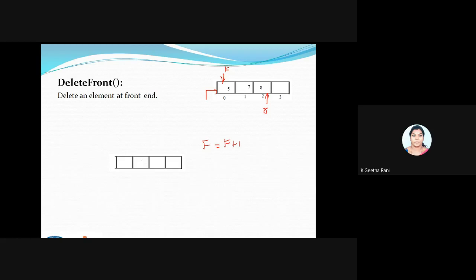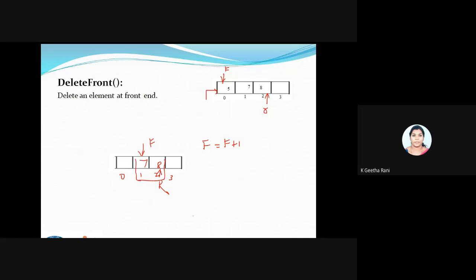Already I'm having 7, 8. So now the pointer will point straight to 7, and here will be the rear pointer. So 0, 1, 2 and 3, and this 1 and 2, this particular part alone will be my queue in the array.